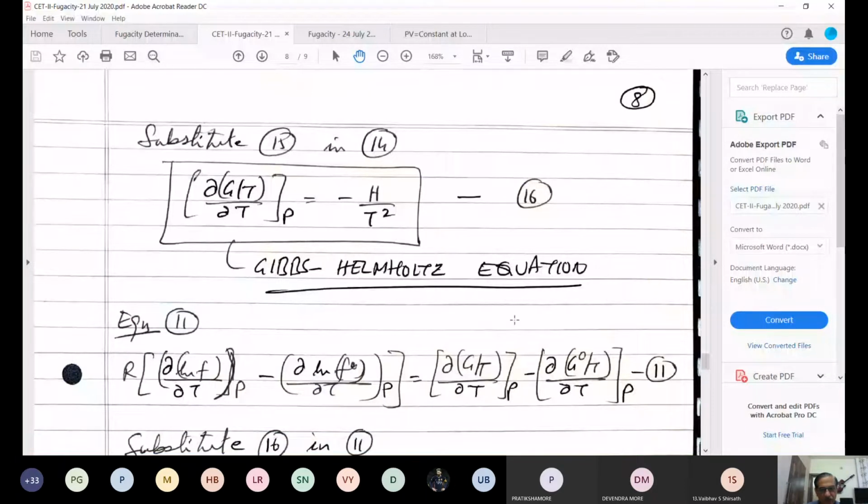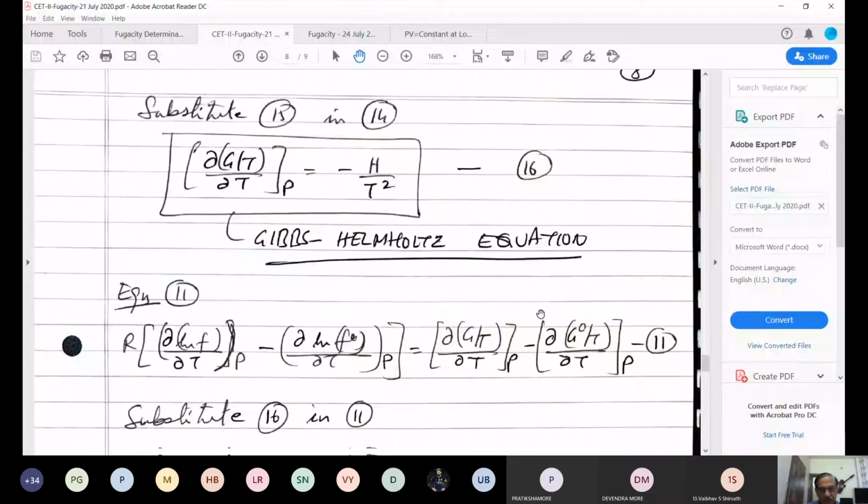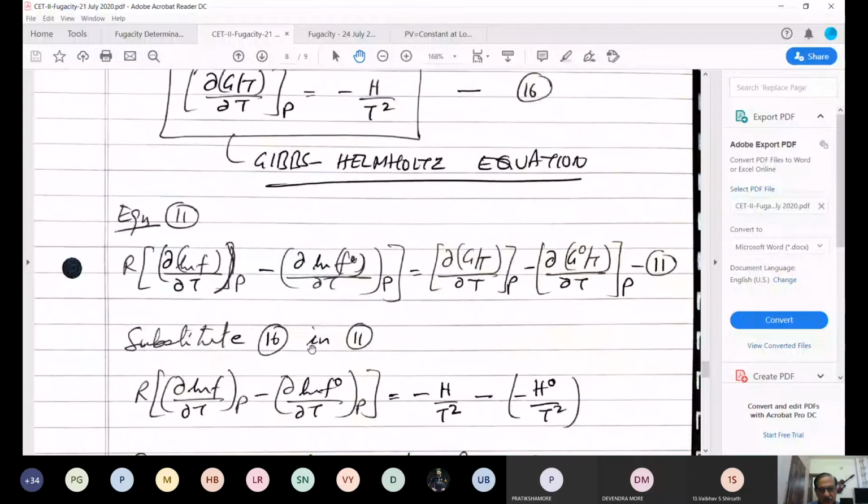ठीक है. Now we take the old equation 11 जो derive किया था हमने यहाँ पर, ये equation substitute किया Gibbs-Helmholtz equation. So what you'll get is left hand side remains same, right hand side is minus H by T square minus of minus H0, G0 है तो H0 रहेगा by T square.